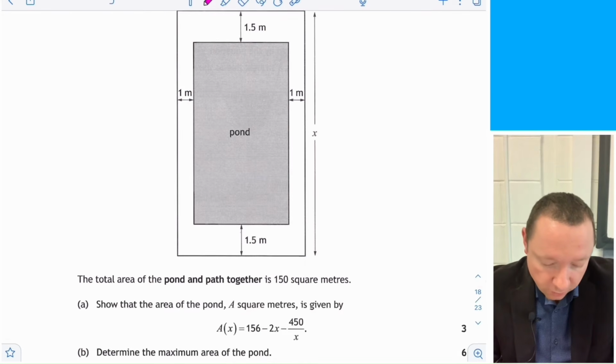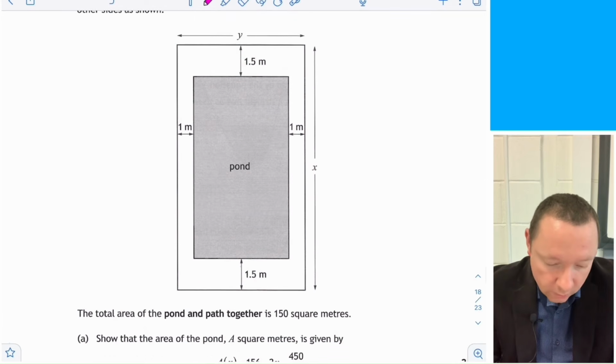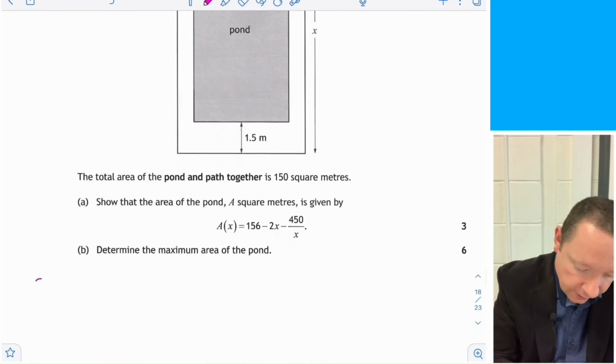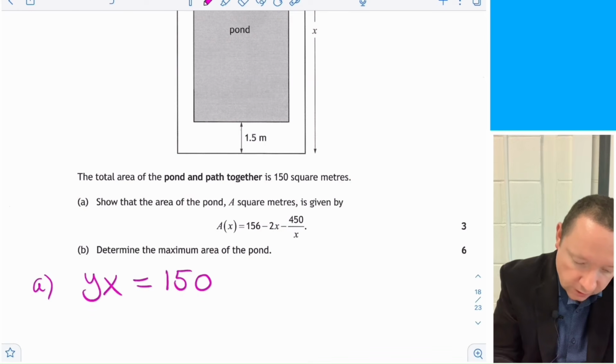Show that the area of the pond is given by this equation. Well, we know the total area all the way around is x times y, or y times x. So for part A to start with, the total area y times x must equal 150, because it says so in the question, 150 square metres.